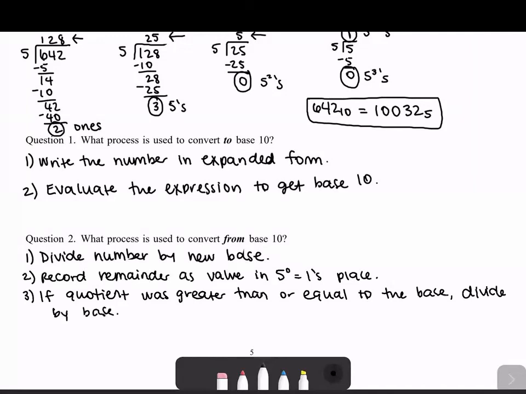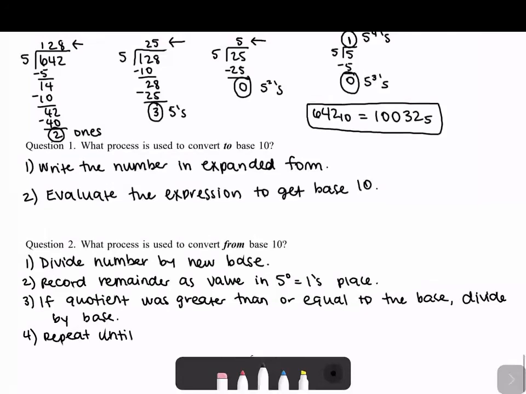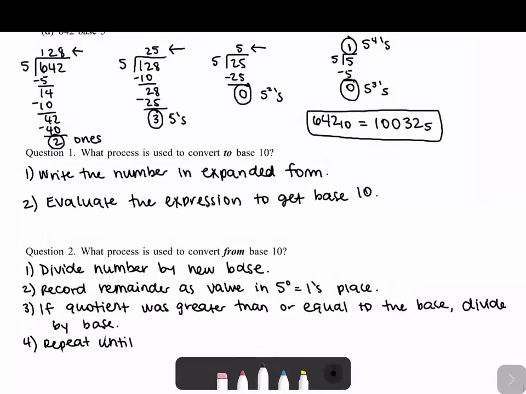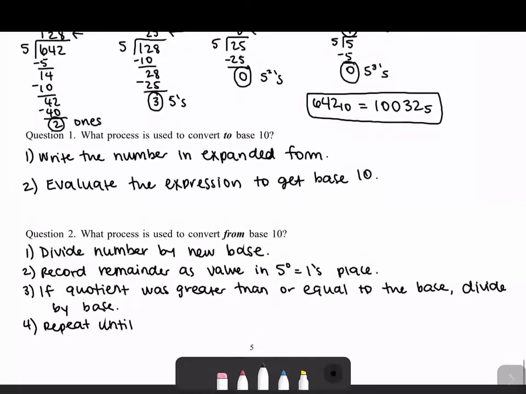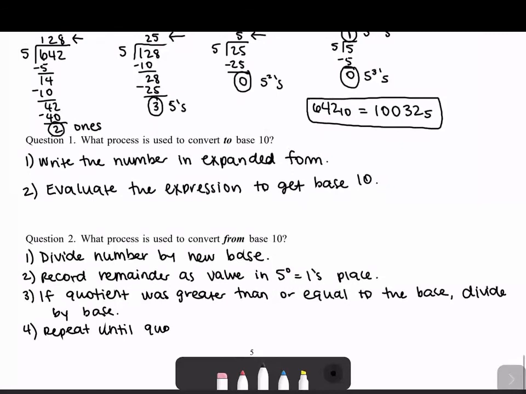And we just keep repeating this process, right? Just like we did in that example for 642, we repeat the process. Repeat until what? Until we have that 1 as our quotient, which meant we couldn't divide by 5 anymore. So repeat until the quotient is less than 5, because once it's strictly less than 5, or the base, then we can't divide anymore. So we repeat until the quotient is less than the base.